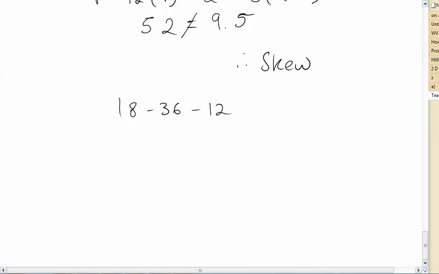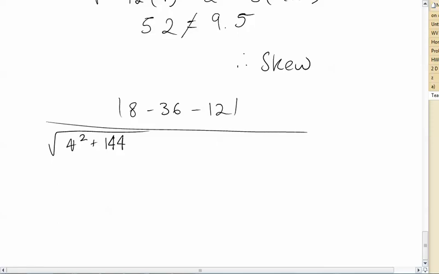We take the absolute value of that, and we divide it by the square root of 4 plus 144 plus 144. We've already squared it. One of these was a negative, but because we put it in brackets, it became a positive.